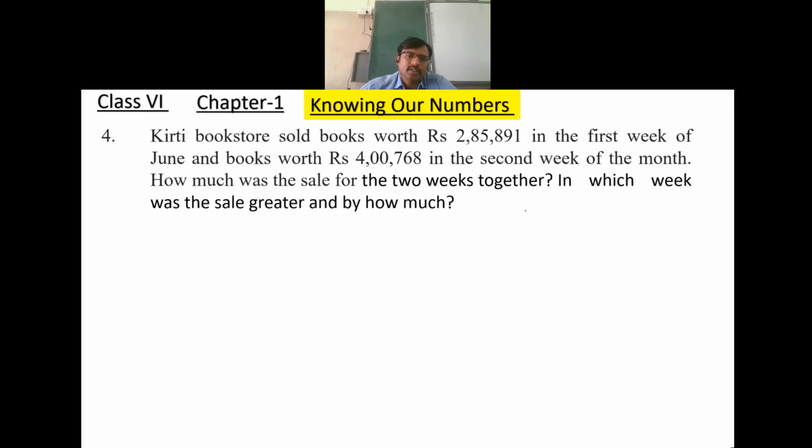In which week was the sale greater and by how much? Here there is a combination of question. To find the total books for 2 weeks, we have to do addition. To find the difference between, we need to do subtraction. So the combination is there.